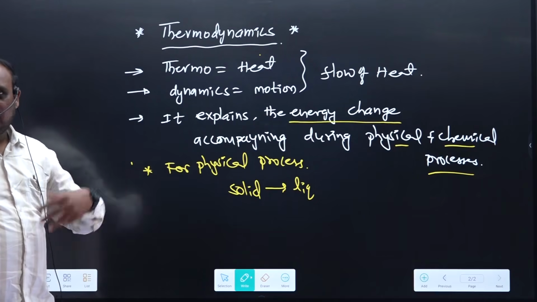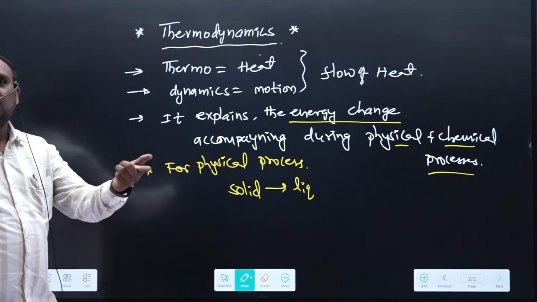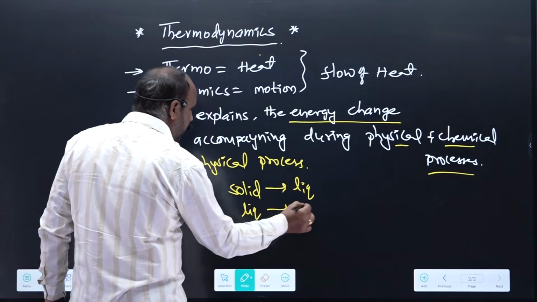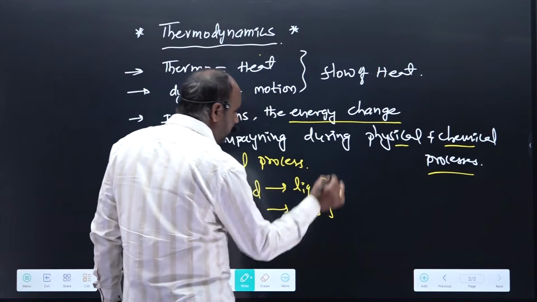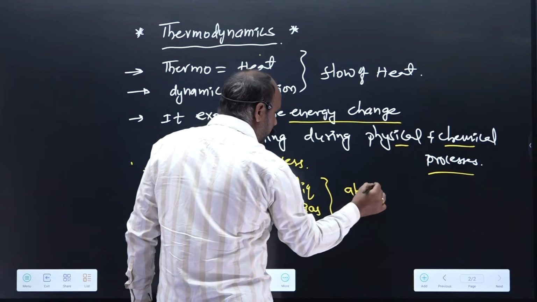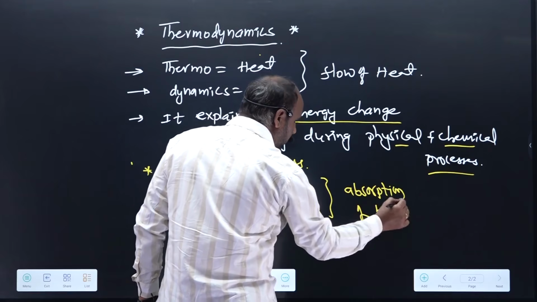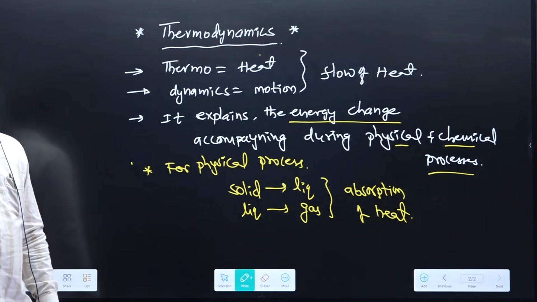By absorbing heat. The solid substance absorbs heat and becomes converted into liquid. Or else liquid is converted into gas. These two processes occur by absorption of heat.